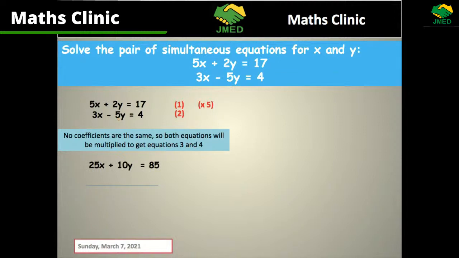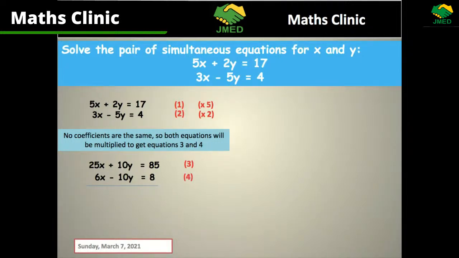When I multiply by 5, I get 5 times 5, which is 25, 5 times 2, which is 10, and 5 times 17, which is 85. That is equation 3. Now for equation 4, I multiply the second equation by 2, and that will give me 6x minus 10y equals 8. And that's going to be equation 4.